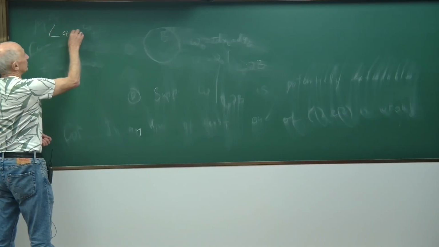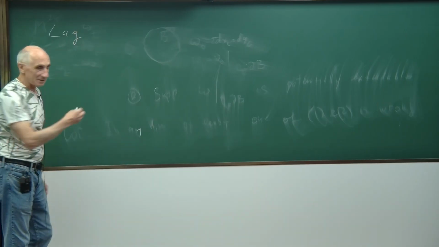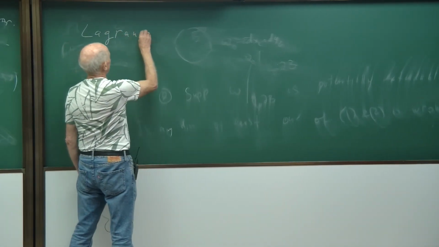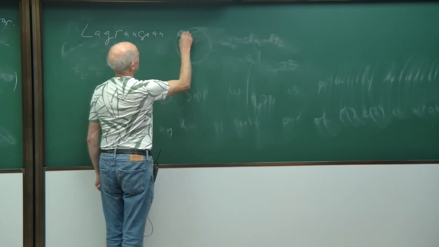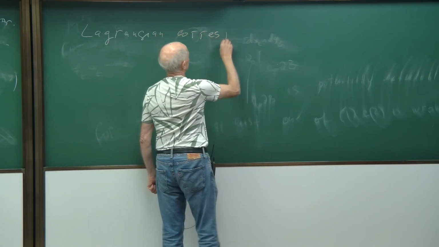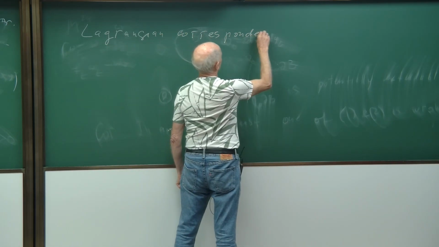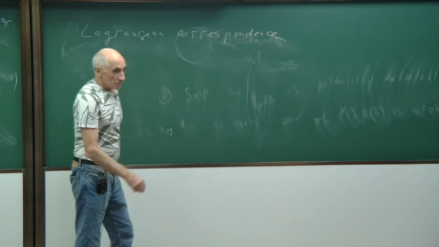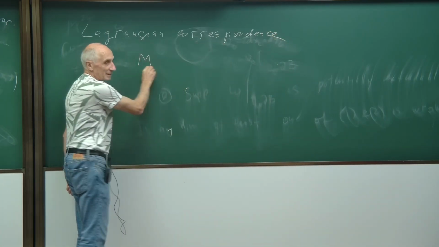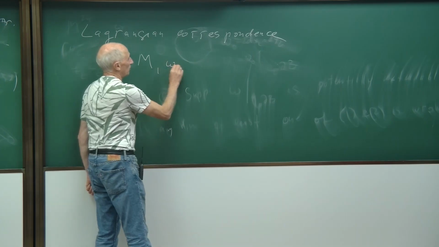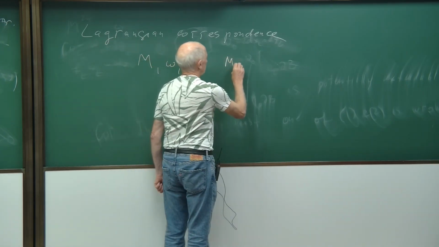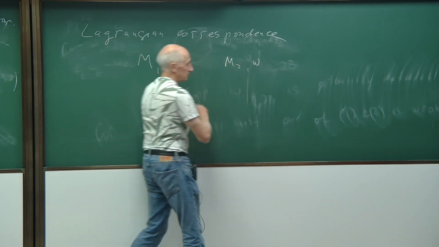So Lagrangian correspondence is a very particular case of this construction. You take any two symplectic manifolds, M1 omega 1 and M2 omega 2, of any dimension.